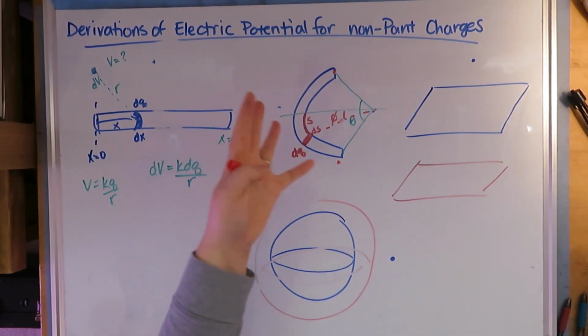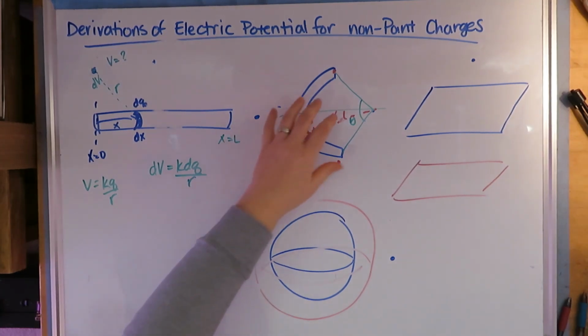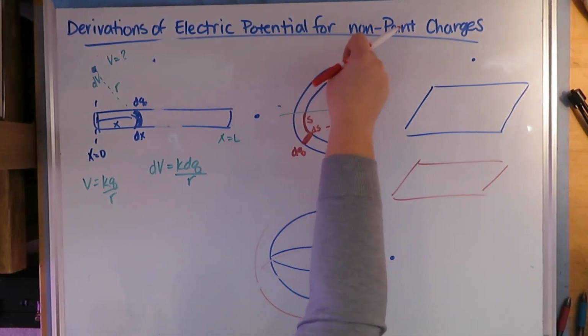You could convert it into angular terms using x equals r theta, and basically treat this as a line of point charges that's curved.